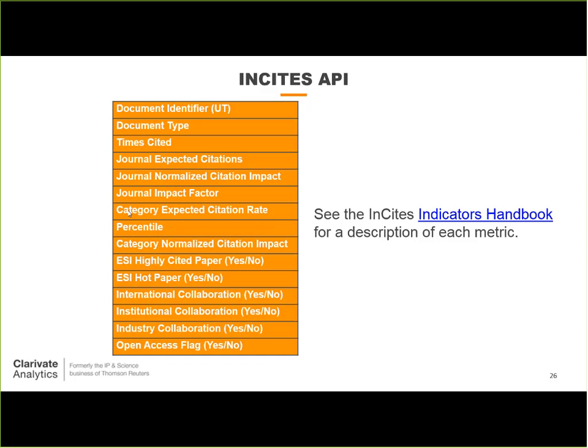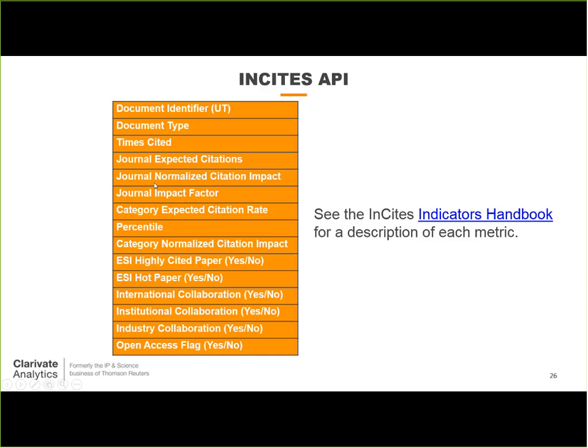So we have the number of expected citations for that type of document, published year, and journal or category, and then we understand how many citations this specific article or document has, and then we understand how it compares to the average. So we normalize this metric. So by normalizing this metric, we have a journal normalized citation impact or a category normalized citation impact.